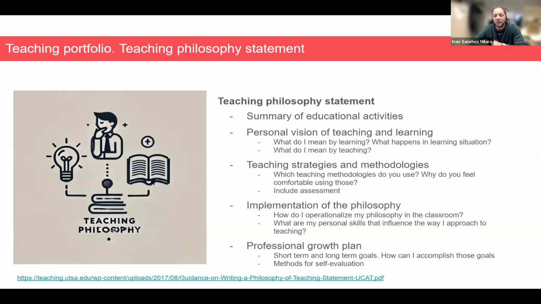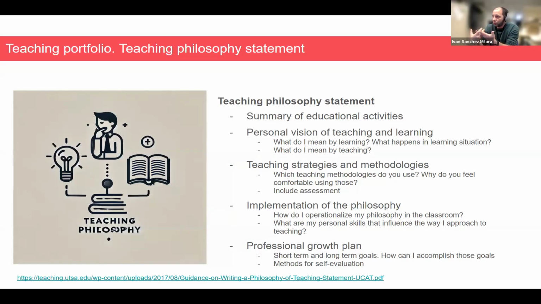The first one is something that perhaps you have not considered as a teacher, but if you are teaching, for example, in a university, it's something that all of us need to do. In the academic world, we need to write a teaching philosophy statement. Basically, this is just a document where we summarize our educational activities and provide our personal vision of teaching and learning.